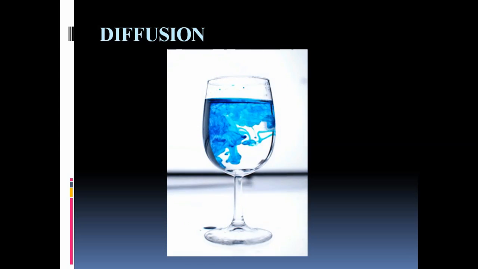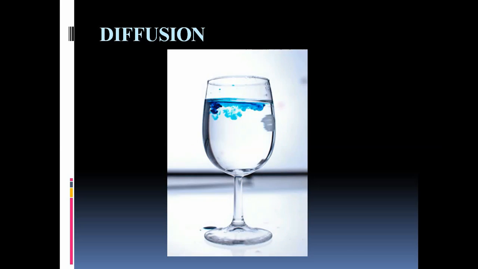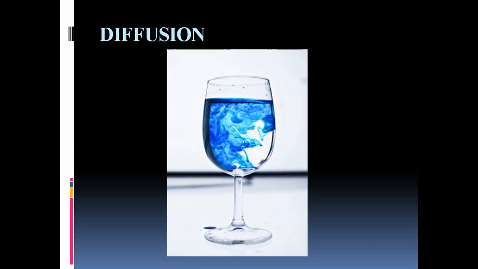The water is not getting stirred, or we are not even disturbing the water or the setup, but the soluble dye is easily getting diffused from its region of higher concentration to its region of lower concentration. So this is a very simple way to prove diffusion. And you can see the soluble dye and the water in the glass are in direct contact.